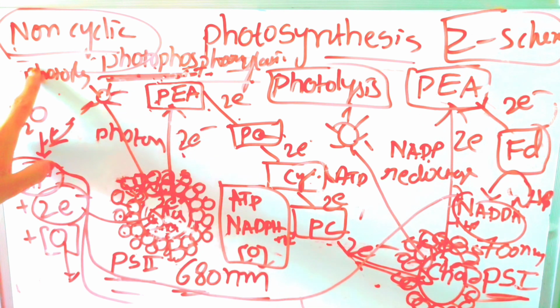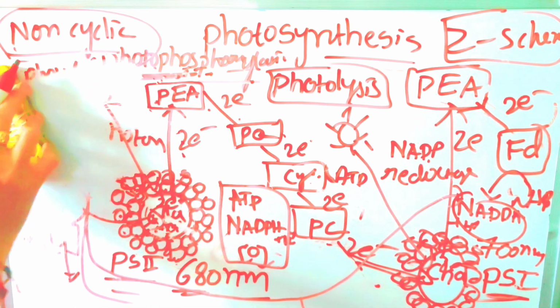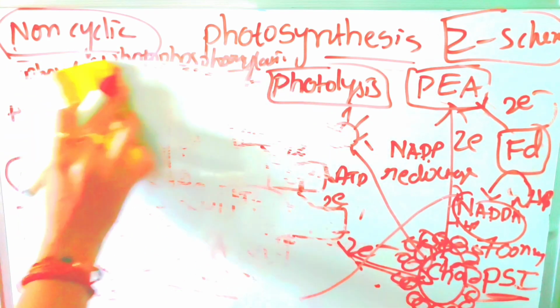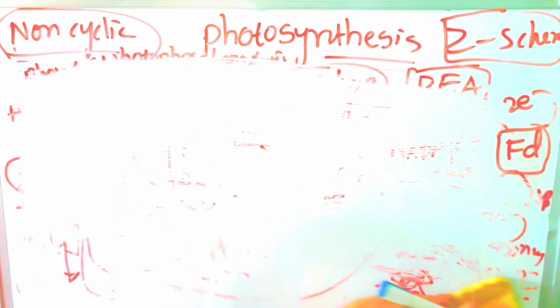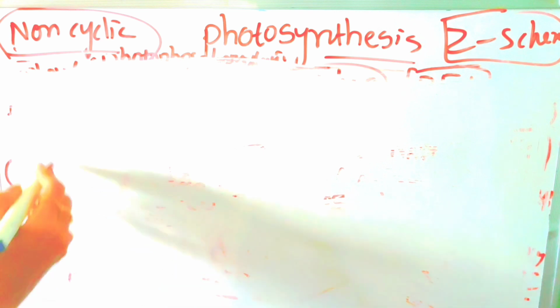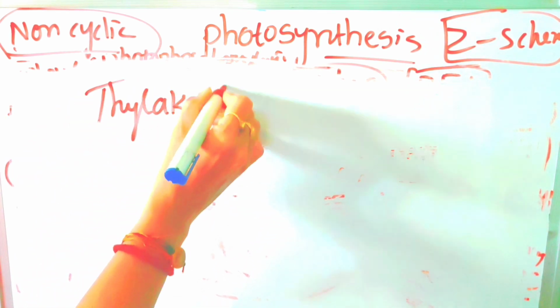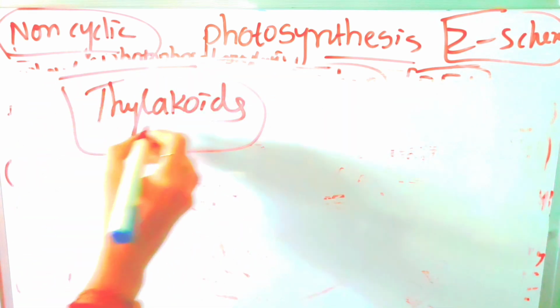What is the main location of the non-cyclic photophosphorylation? The location is the thylakoid.